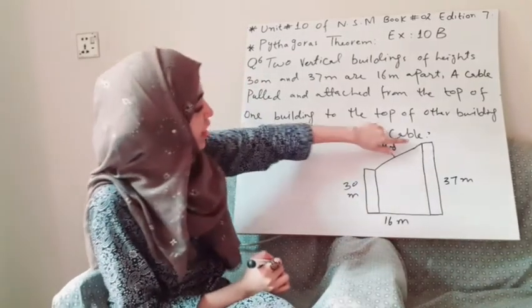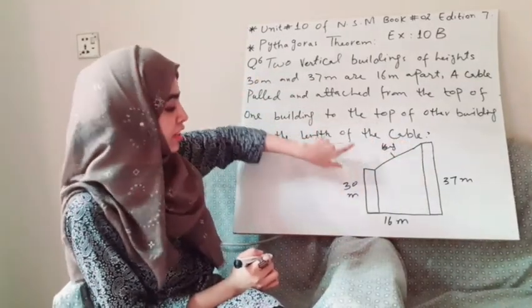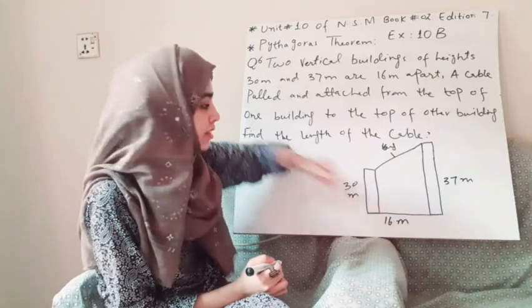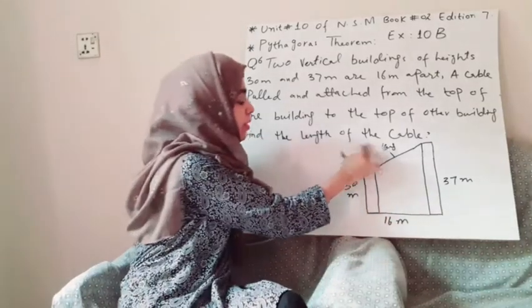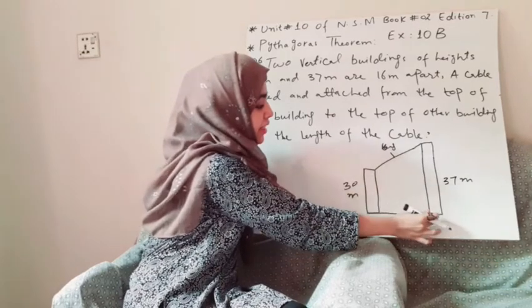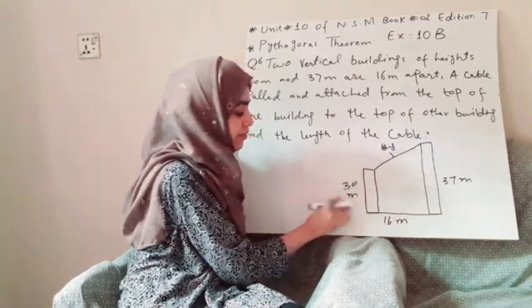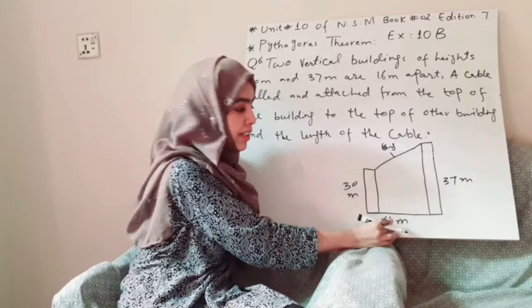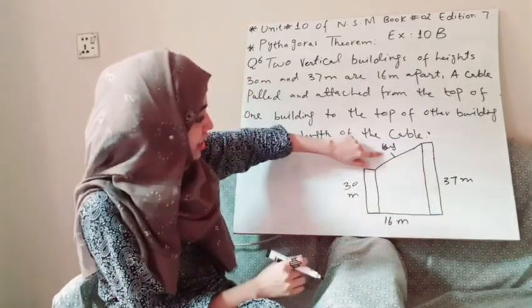So how can we find this length, if we have this information and we have drawn the figure like this? Let's say this is 37 meter and this building is 30 meter, and this distance is 16 meter, and they are asking about this length.